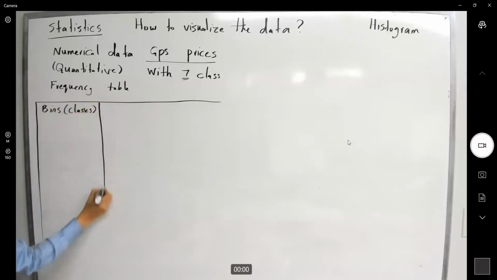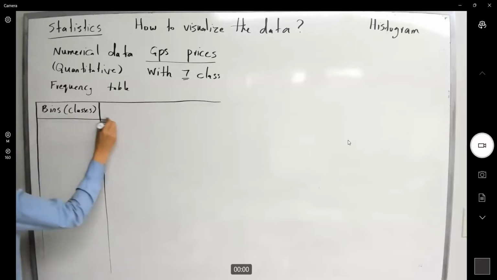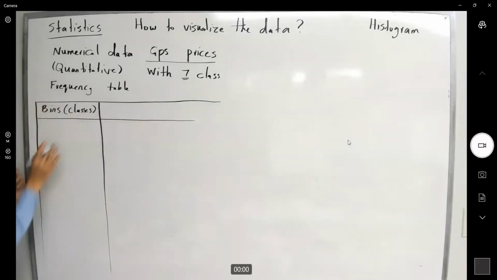So let us learn how to construct the bins. What are you going to do? You're going to find the smallest number in your collection. The smallest number in your collection is the starting number.